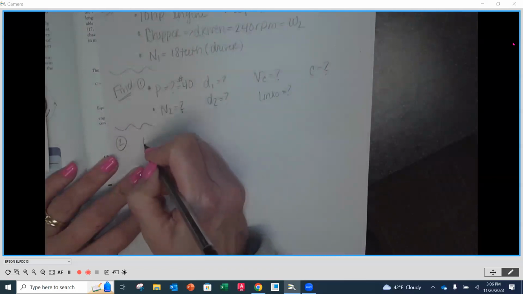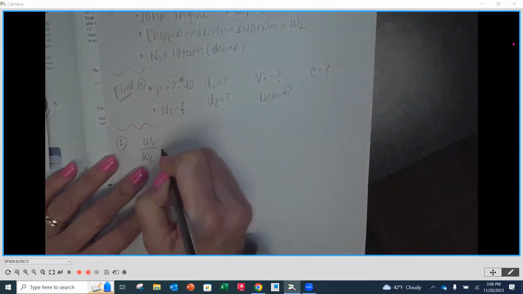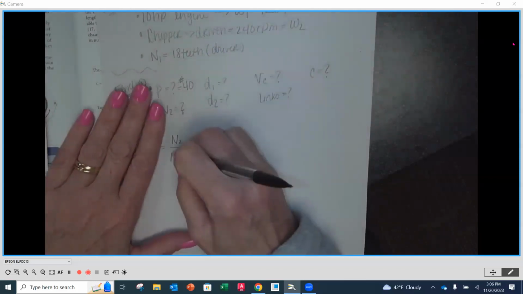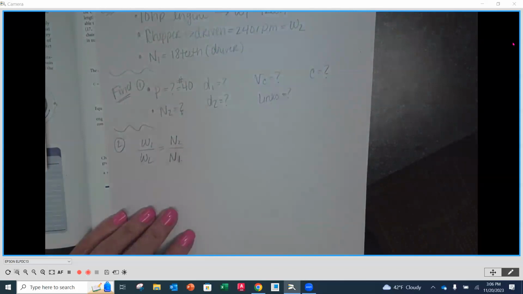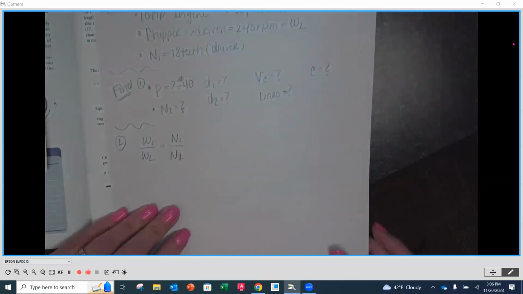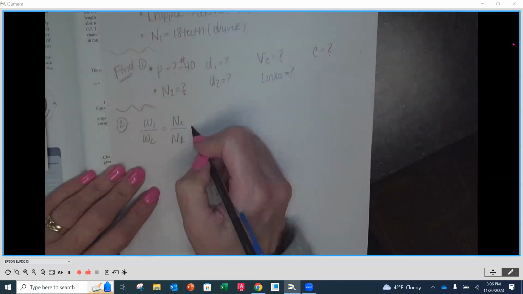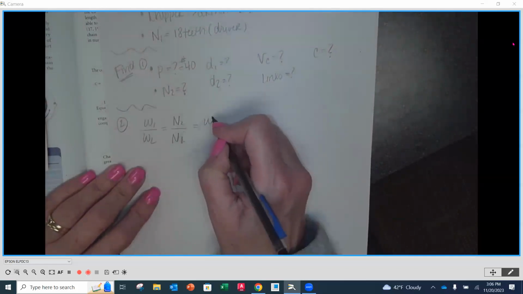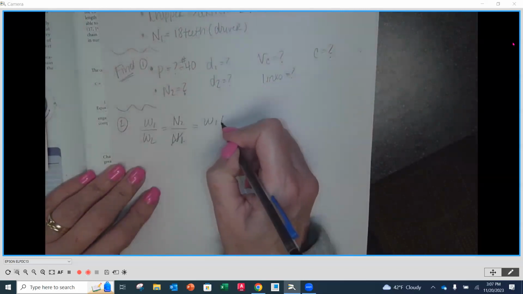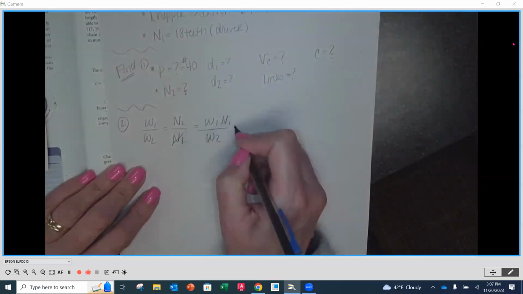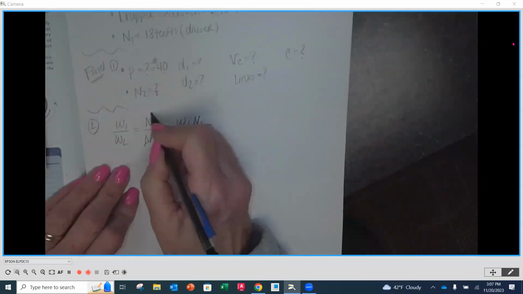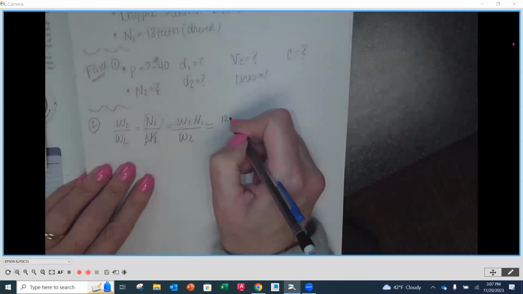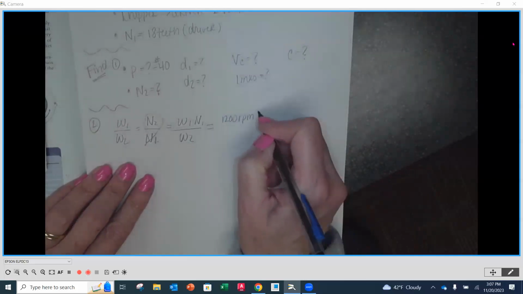So we are going to take W1 divided by W2 and set that equal to N2 divided by N1. Okay. So now solving for N2, this is going to be equal to W1 times N1 divided by W2. So solving for N2 here, our W1 was 1200 RPMs.